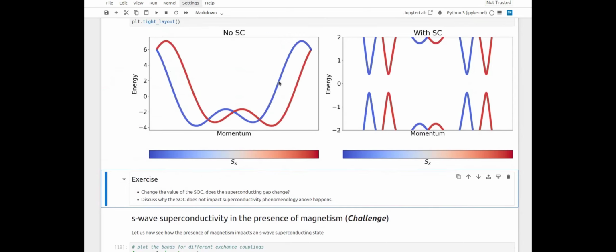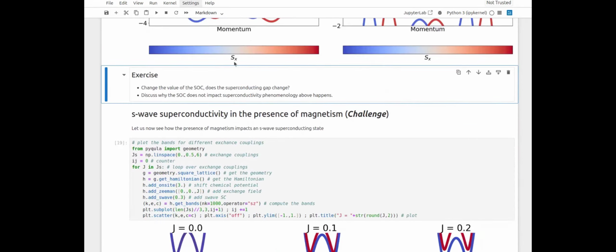And so spin-orbit coupling is not breaking the degeneracy that allows superconductivity to appear. And in particular, spin-orbit coupling does not break Kramers degeneracy, meaning it does not break time reversal symmetry. So in general, perturbations that do not break time reversal symmetry are not detrimental for an S-wave superconducting order.